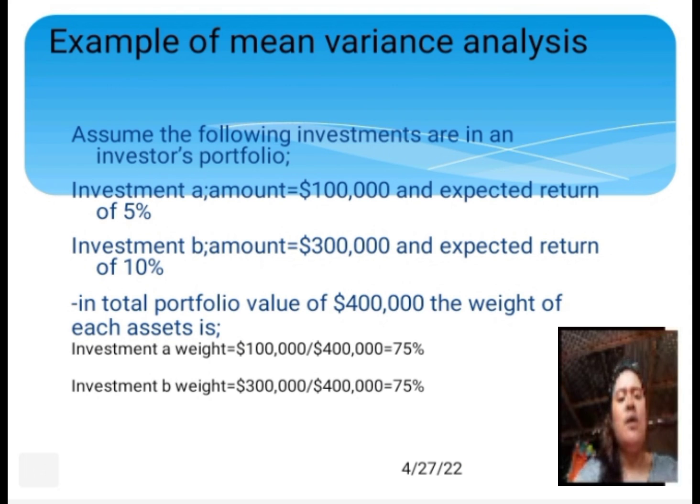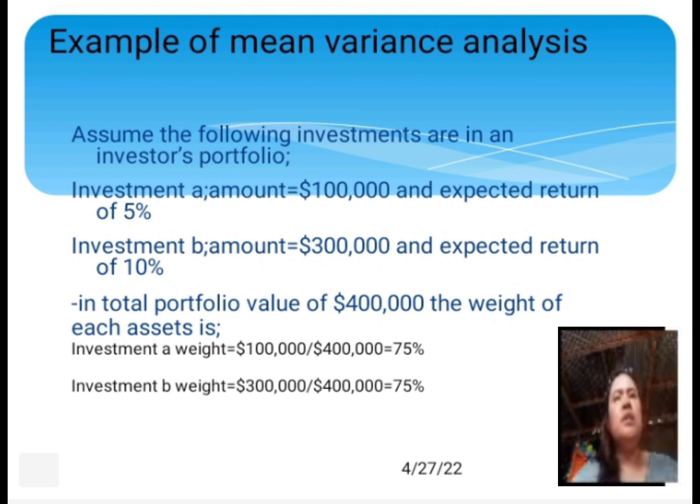The weight of each asset: investment A weight equals $100,000 divided by $400,000, which equals 25%. Investment B weight is $300,000 divided by $400,000, which equals 75%.